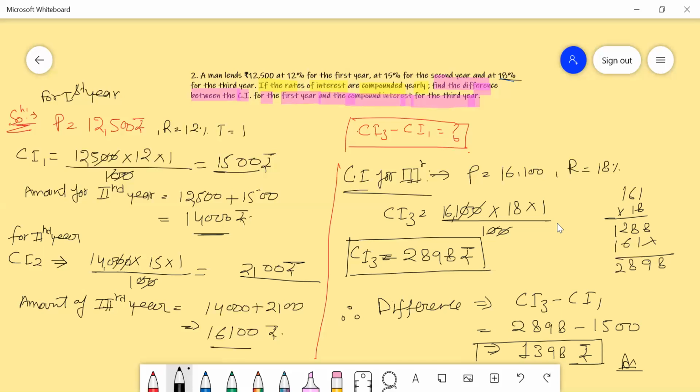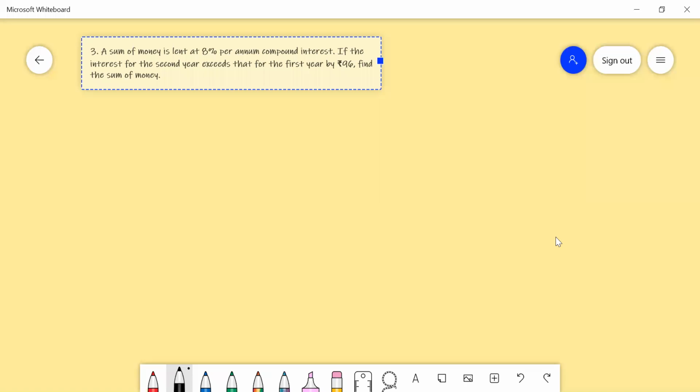Okay, so this was the second question, and now we are going to solve the third. The third question is saying that a sum of money is lent at 8% per annum compound interest, right?